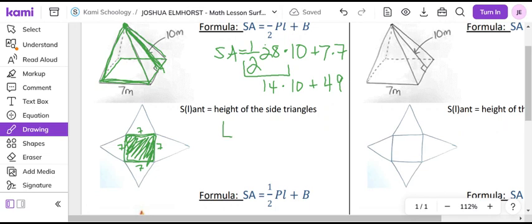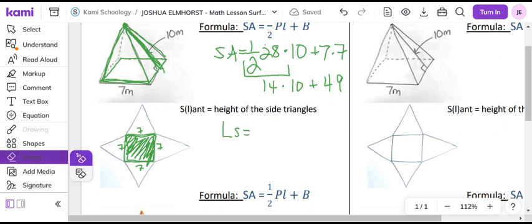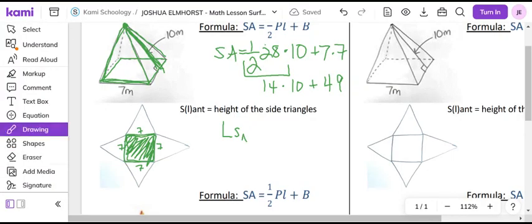So the lateral surface area, we're just going to make a note here, is going to be 140, and let's use our labels, meters squared.